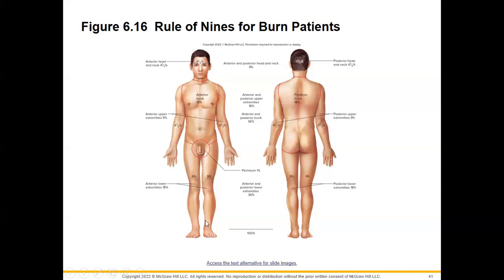So if it's anterior of both legs, it's 18%, and posterior of both legs is 18%. And then the final 1% is the groin area. So together that is 100% of the body. And so depending on how much of each portion of the body is burned, they can quickly assess how much of the body has been affected by burns.